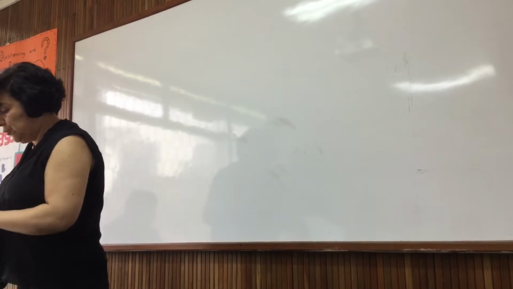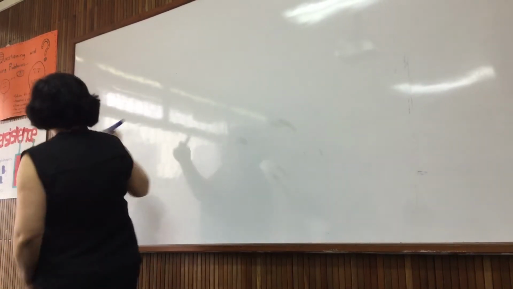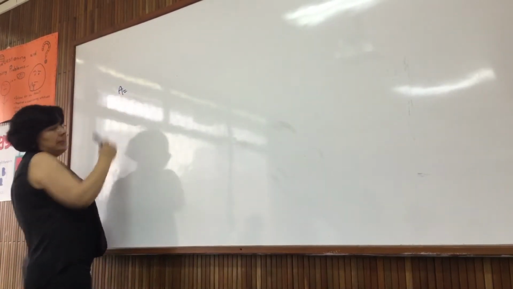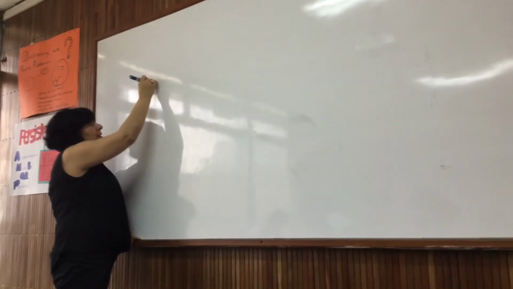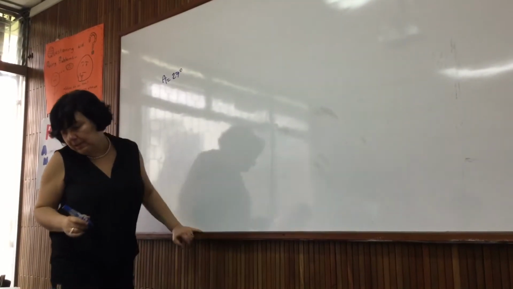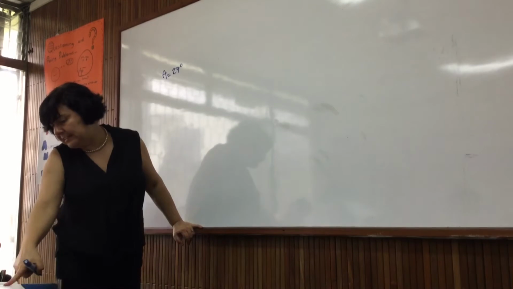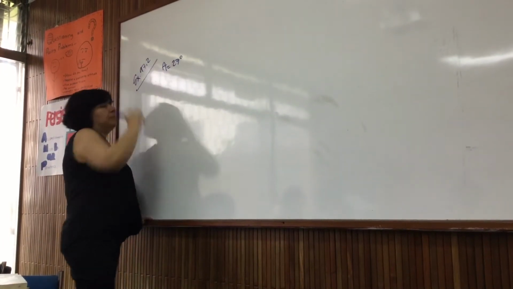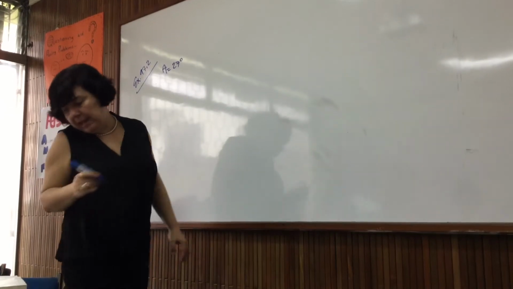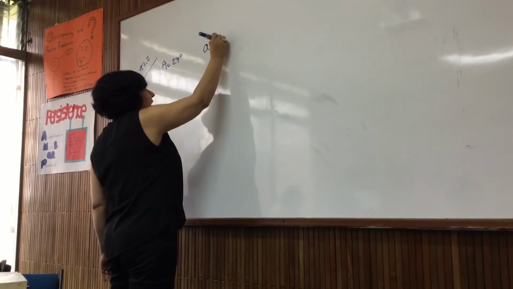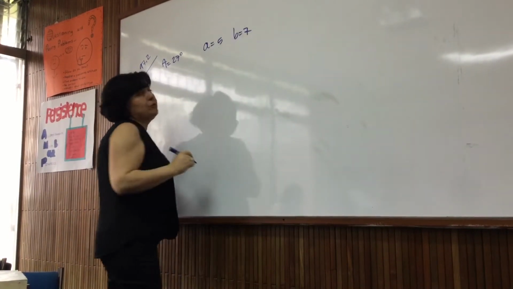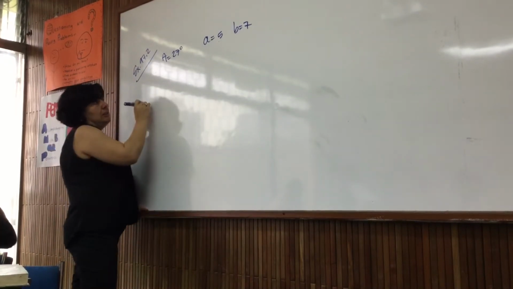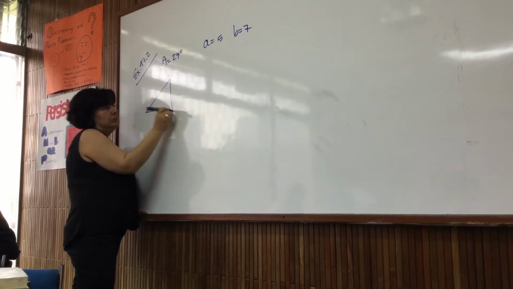So let's do one. Let's do example 97.2. They give you A equal to 27 degrees, A equal to 5 and B equal to 7. So what's the first thing I do? I assume it's a right triangle.